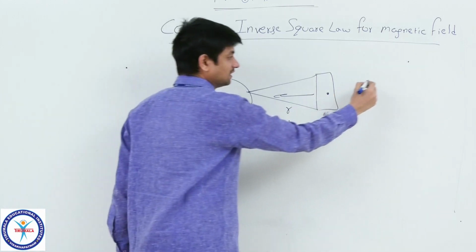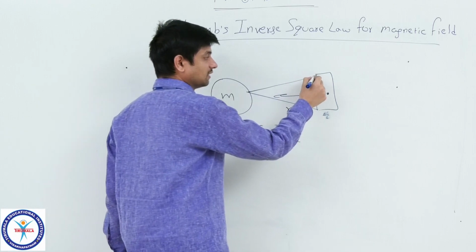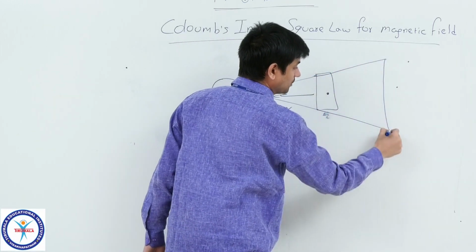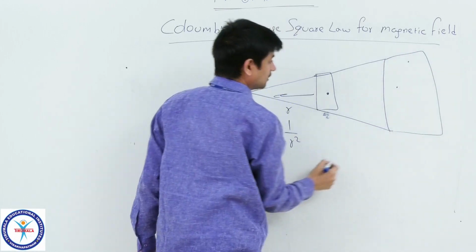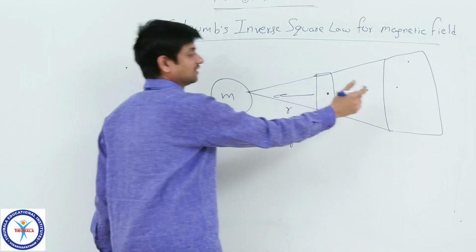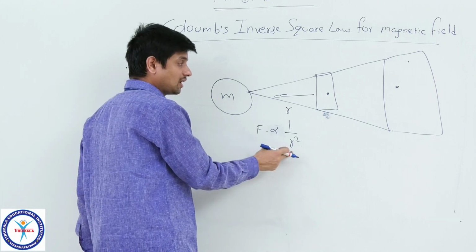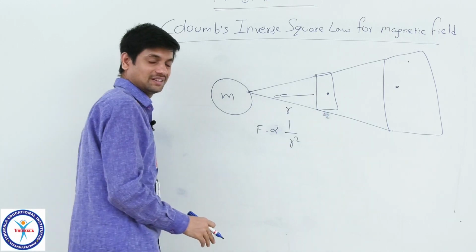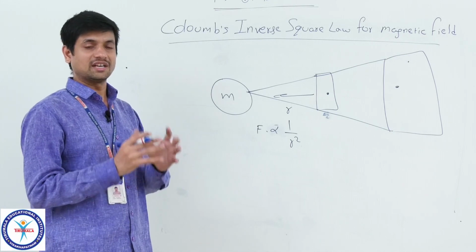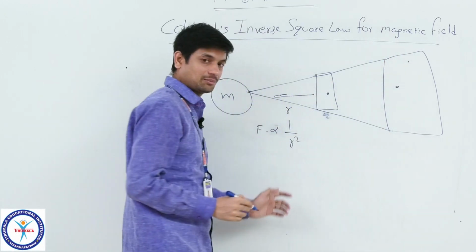That means if this point is here, the radius vector will extend this side. Look at this now, it forms this much area. I am not taking only the distance between this point object and this massive object; I am taking the square of the distance between them, because any field is three-dimensional, not two-dimensional. So three-dimensional means you need to check this type of mathematical structure.